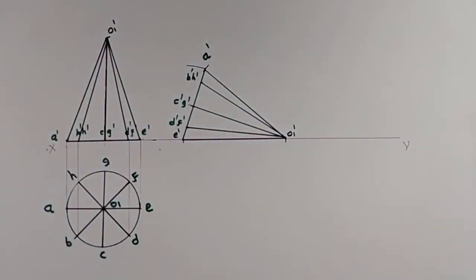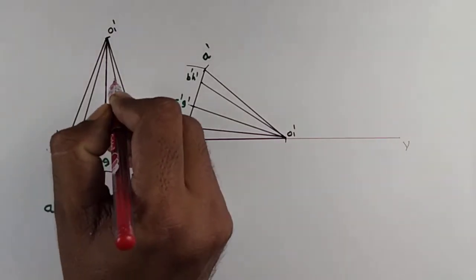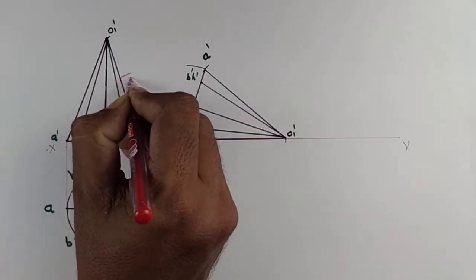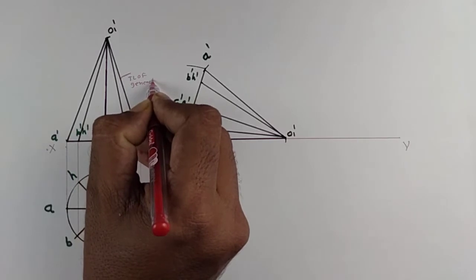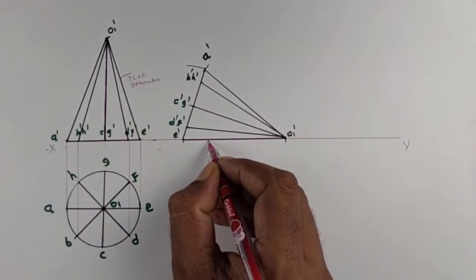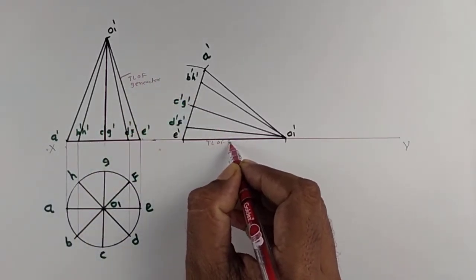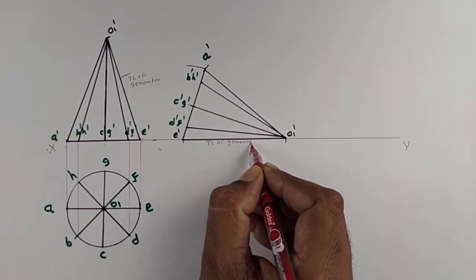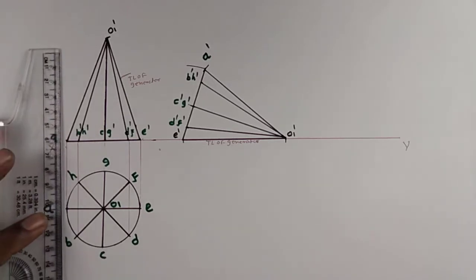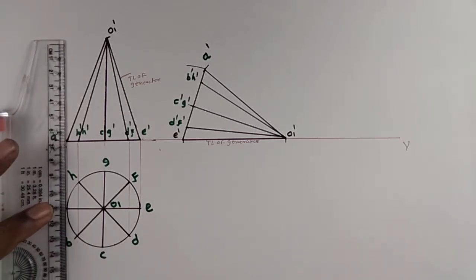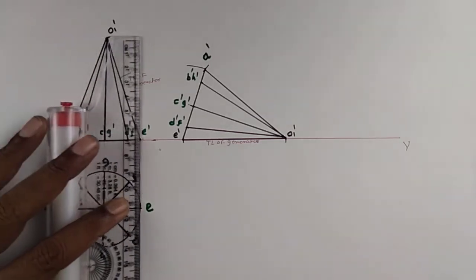Now, as per the problem statement, the true length of the generator is on HP. Now what is the plan? The top view. For the top view, first off we project all the vertical projections from the elevation.